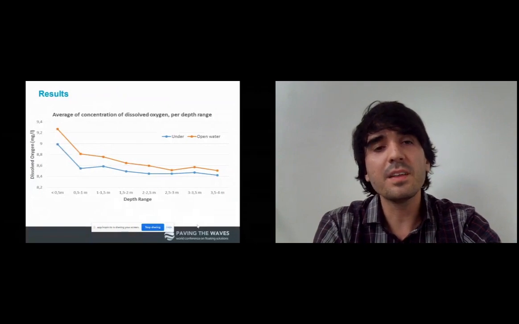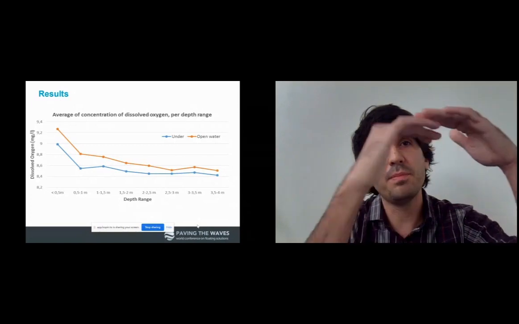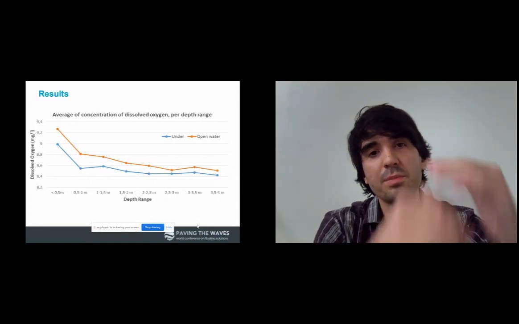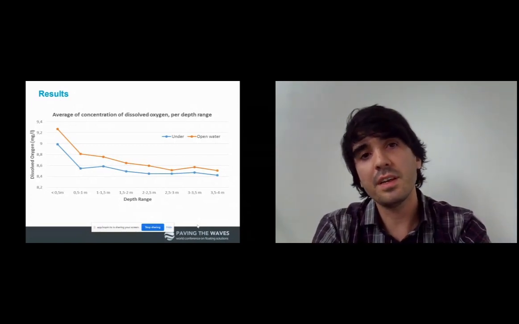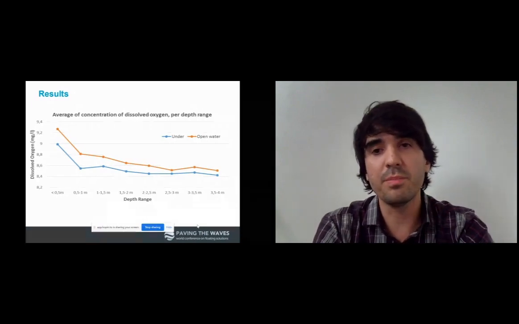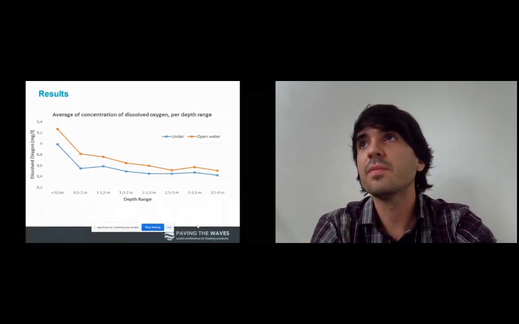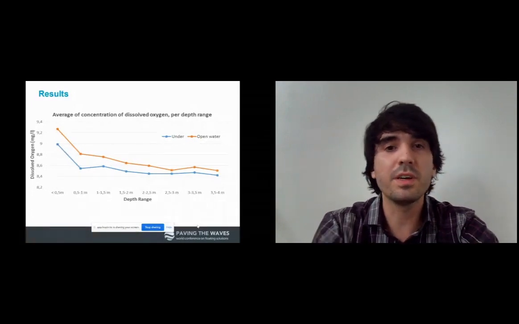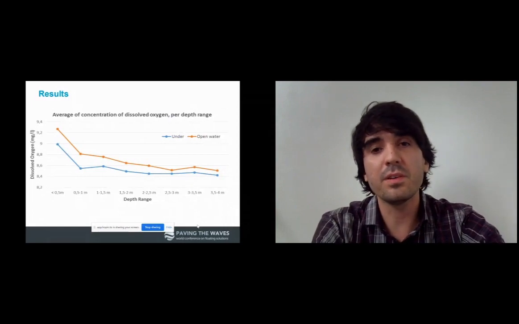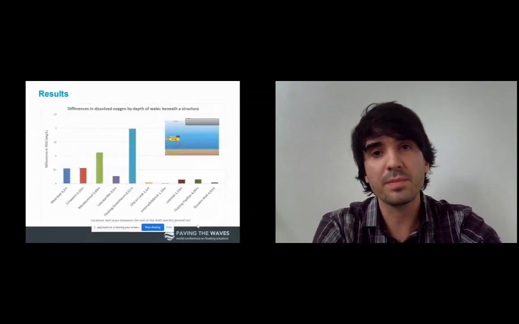And what you can see in this image, for example, is that the differences are bigger closer to the platform itself than when you go deeper. There are some explanations for this. For example, the water mixing or the currents or depending on the characteristics of the water bodies.